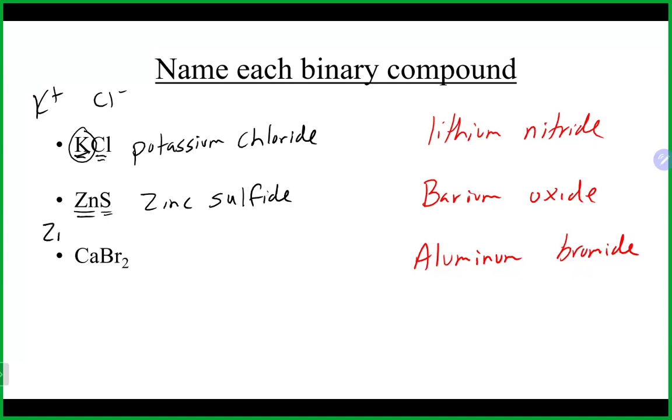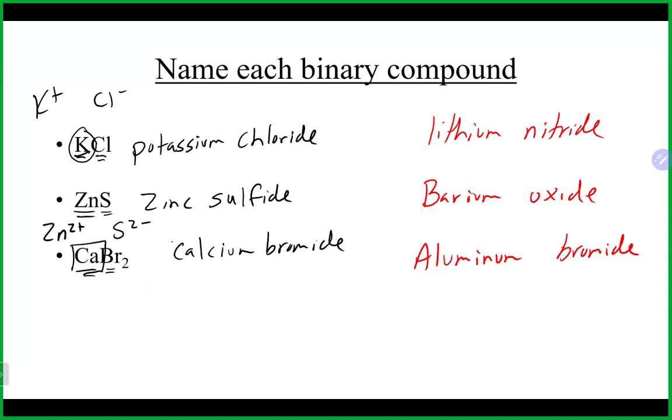This is a cation that is +2 and an anion that is -2, which again is why we have just one of each of them when we put it together in that formula. This is calcium, which is a metal. Bromine, which is a non-metal. Calcium is group number 2, has a fixed charge, which means it's type 1. This would be calcium bromide.